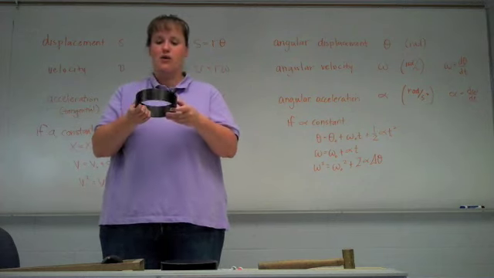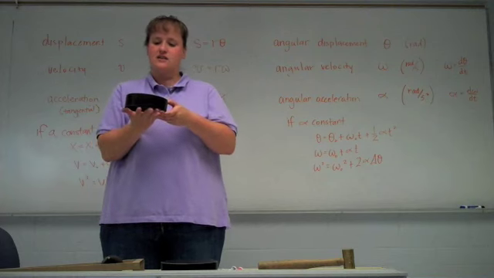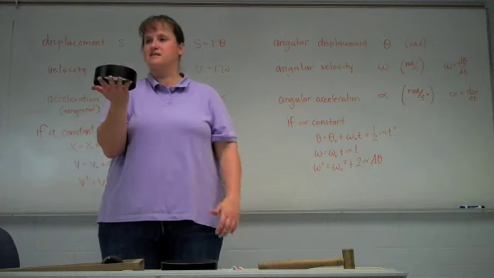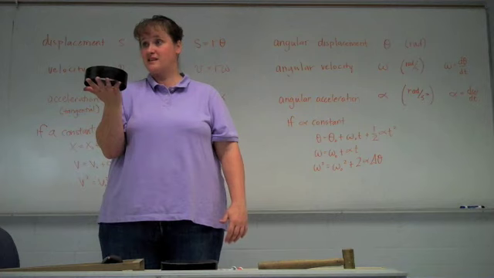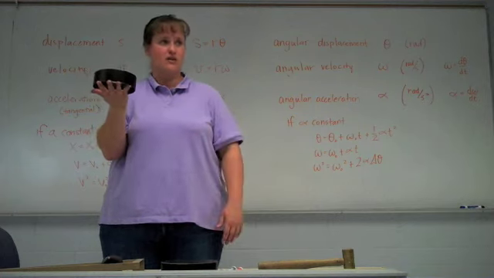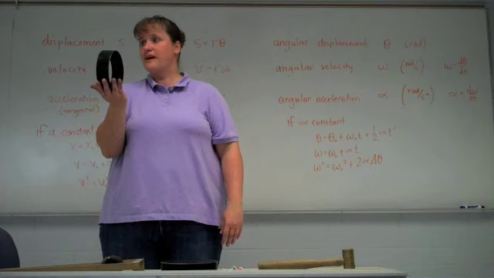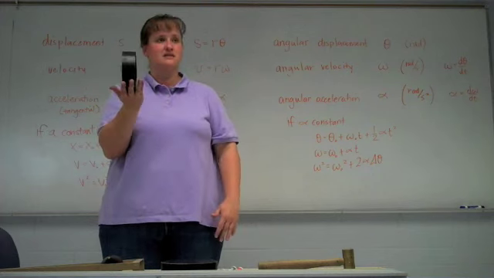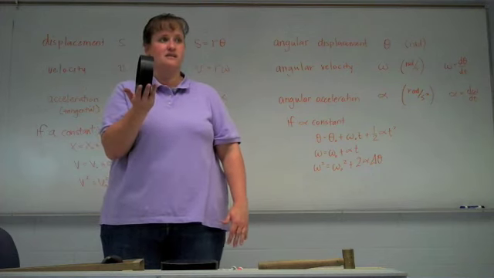If you support an object so that its center of mass is above the base that it's sitting on, then your object will be supported and it will not turn, it won't rotate, it won't fall over. I can do it this way, I can do it this way. As long as the center of mass is above my hand, the base, then it will stay balanced.